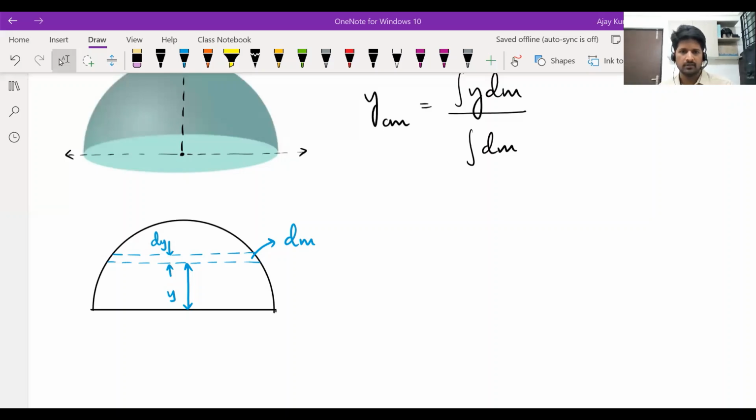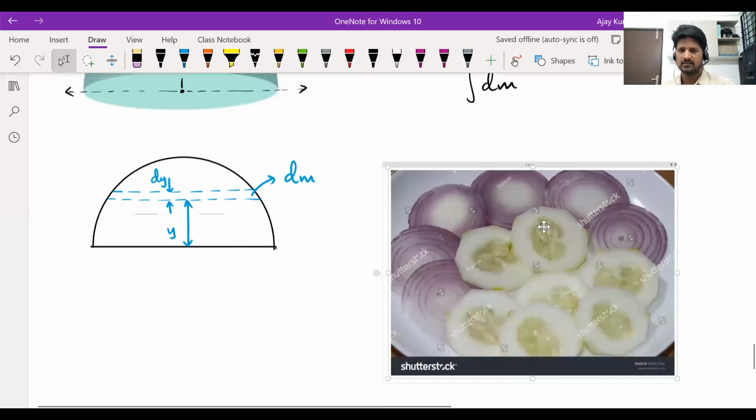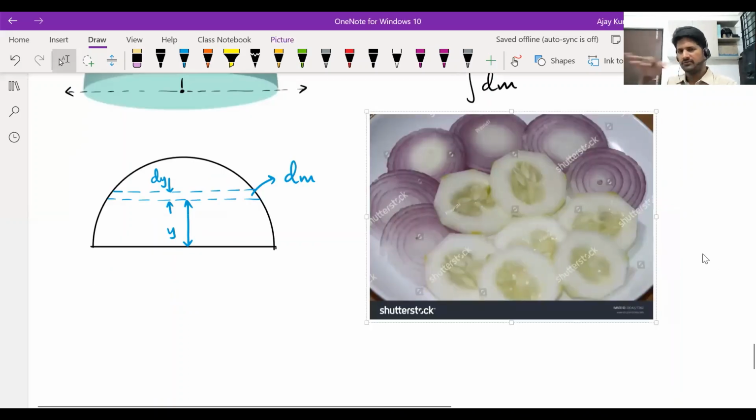I'm not able to find an image. Okay, it's somewhat like this. What you get are disks when you cut a sphere horizontally, or along a certain plane. If you cut it, you get disks like this.